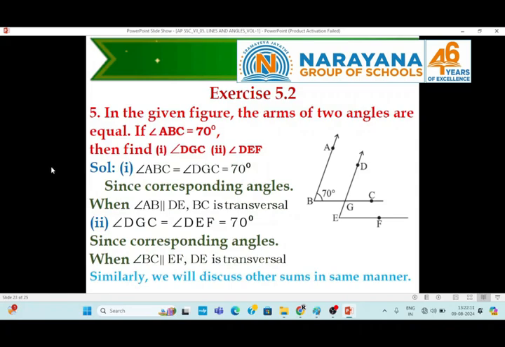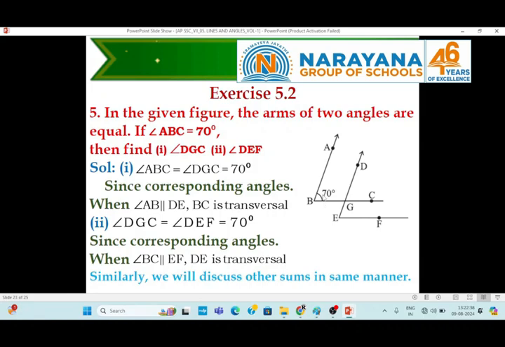For example, question number 5 from the same exercise. In the given figure, angle ABC is 70 degrees. Find angle DGC and angle DEF. First, angle ABC is equal to angle DGC. Why? Because it is given that AB is parallel to DE.